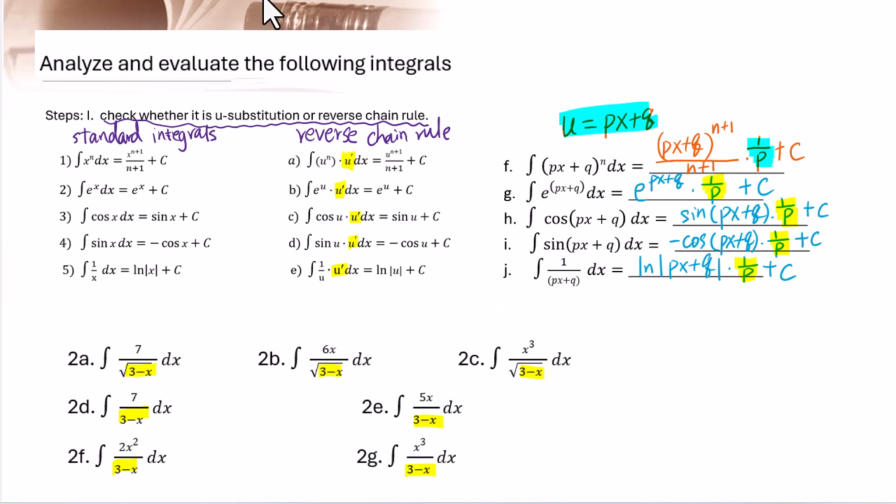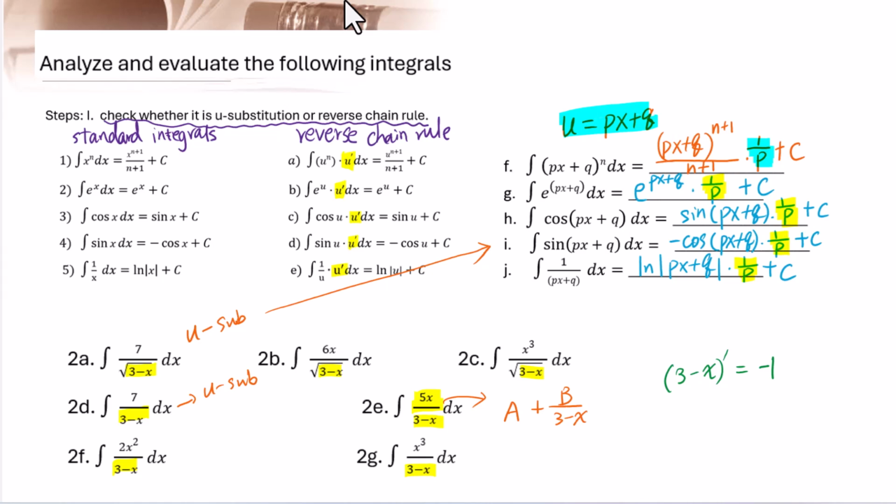Let's figure out 3 minus x prime equals -1. 2a is U sub, which means we can use this formula. For 2e, linear over linear, we can change this into a plus b over 3 minus x form.